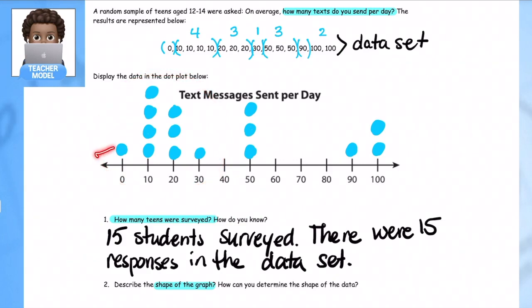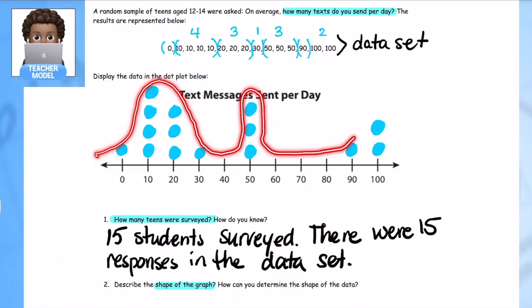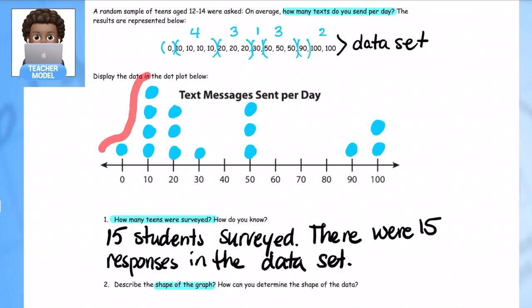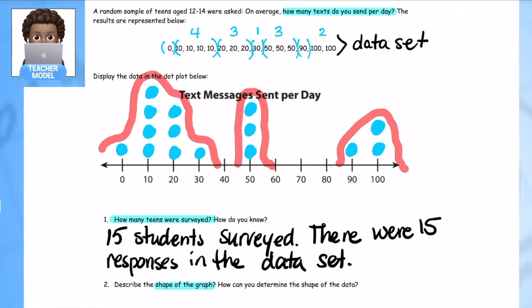It starts out low with 10, and then I get a little spike in my data set. It goes down, spikes up again at 50. Then there's nothing. It's a gap. And then it spikes up again. So it's low, it spikes, decreases, gap, spikes again, gap, spikes again. So there are 3 clusters of data.